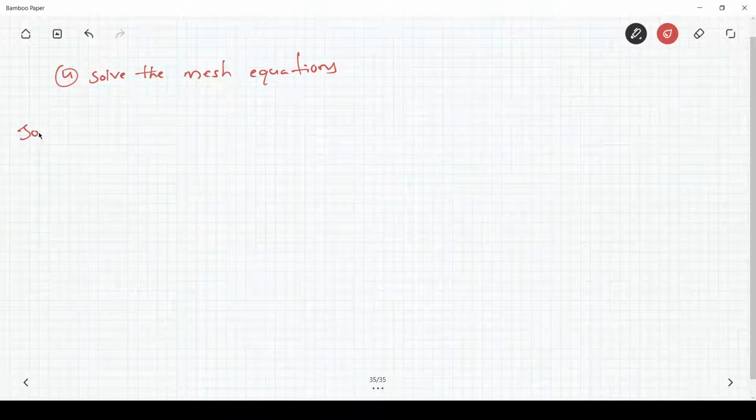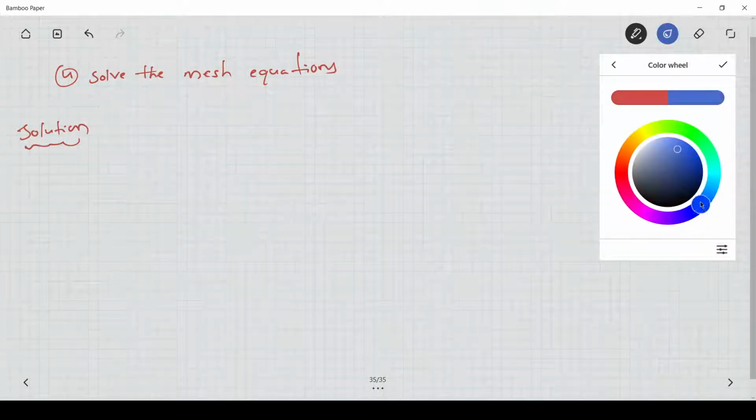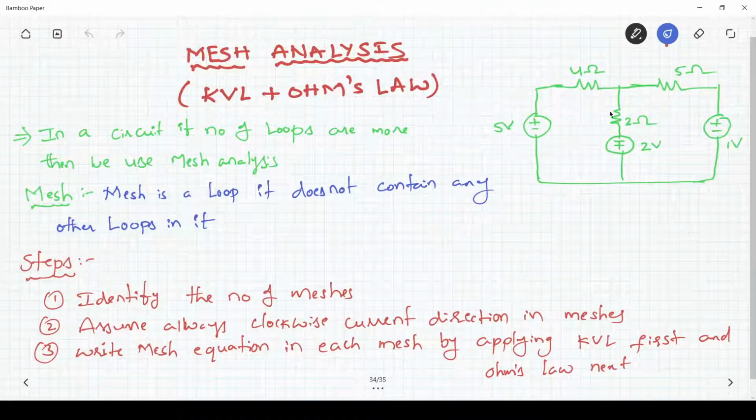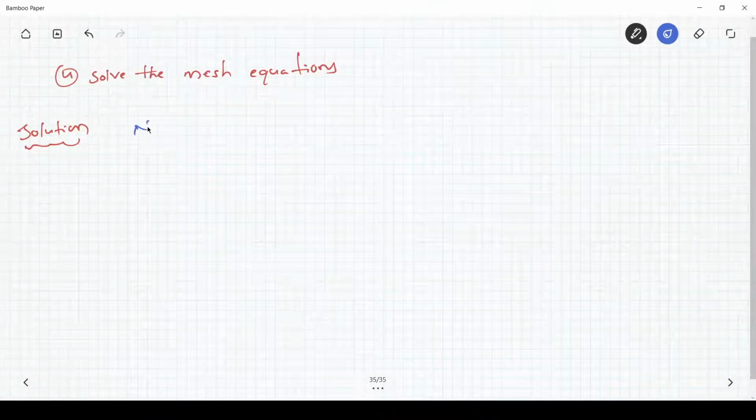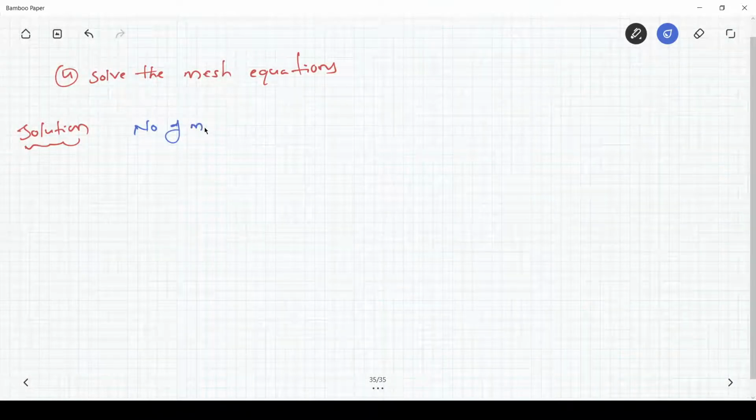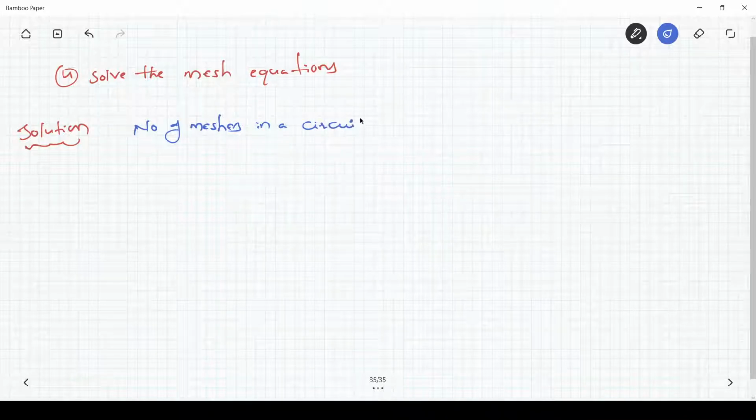Now I am doing the solution. How many meshes does this circuit have? It has two meshes. So the number of meshes in the circuit is 2, which means you have to write two equations.